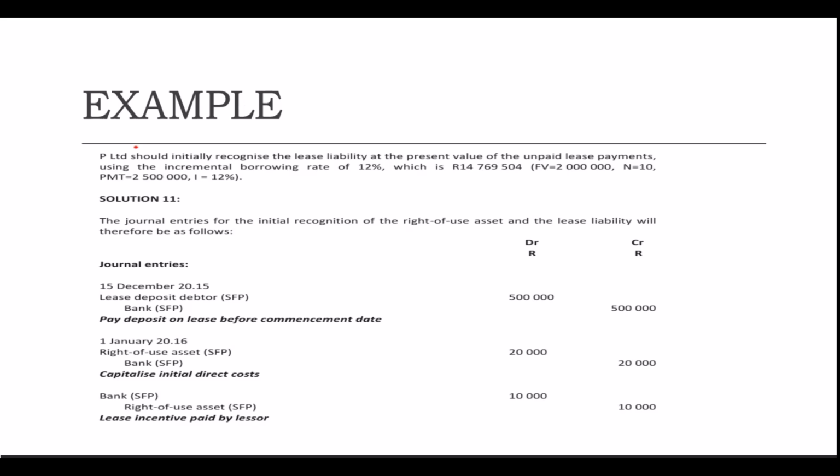So P Limited should initially recognize the lease liability at the present value of the unpaid lease payments, using the incremental borrowing rate of 12%. So your future value is 2 million. Your N is 10. Your payment is 2,500.